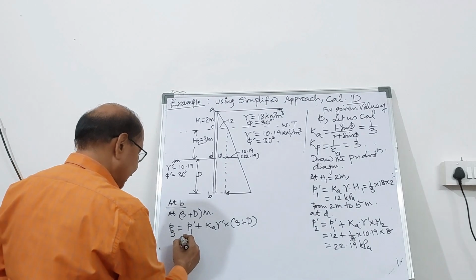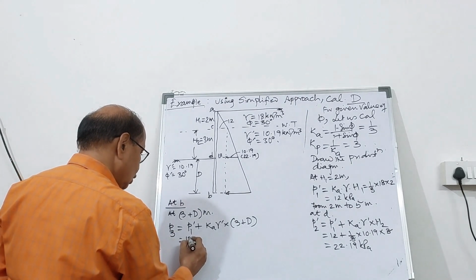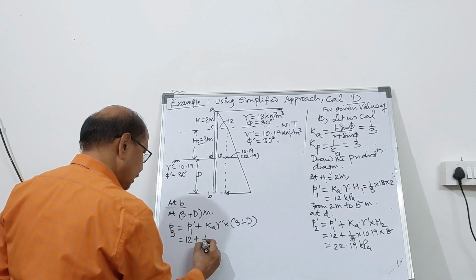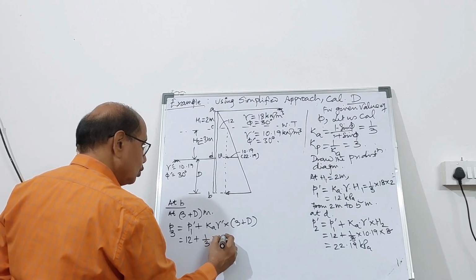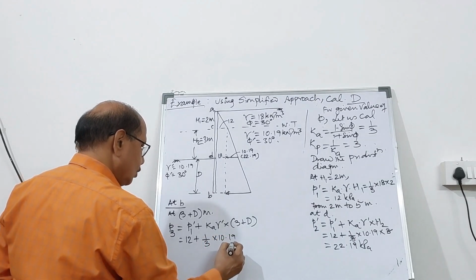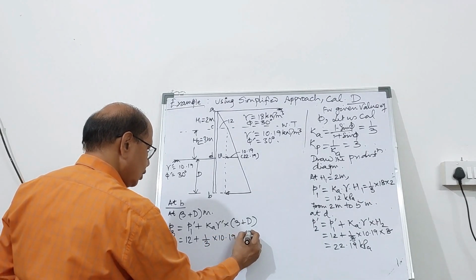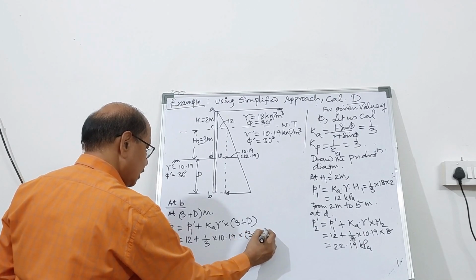So if I simplify it, this becomes 12 plus 1 by 3 into 10.19 into 3 plus d.